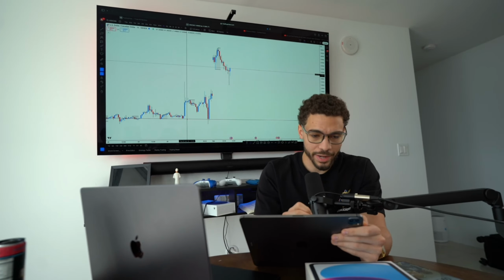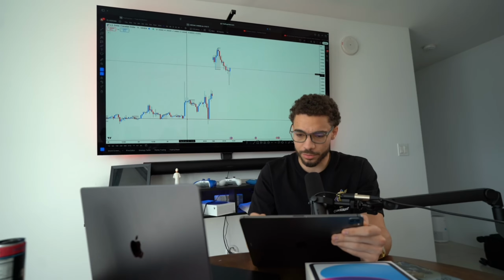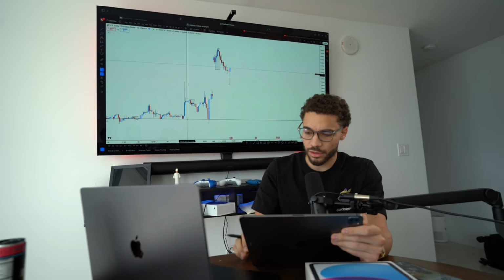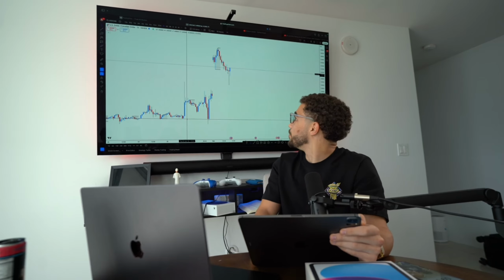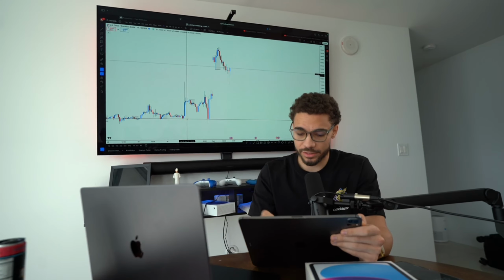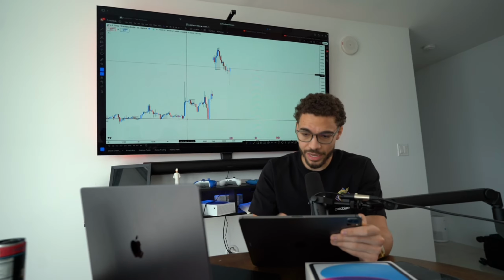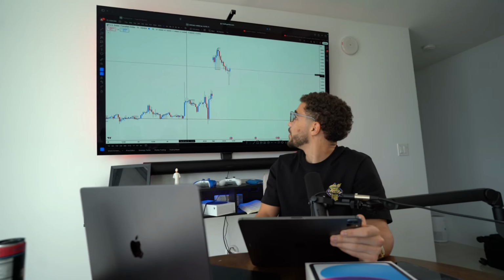ISM news. We're waiting on the release to actually see what we're going to be doing, but we've had this massive bull run on USD CAD, as you guys can see. So I want to see if we can capitalize on a move from like here.